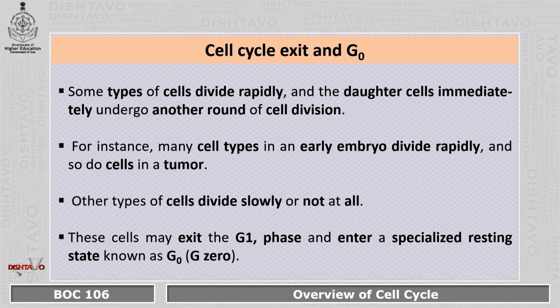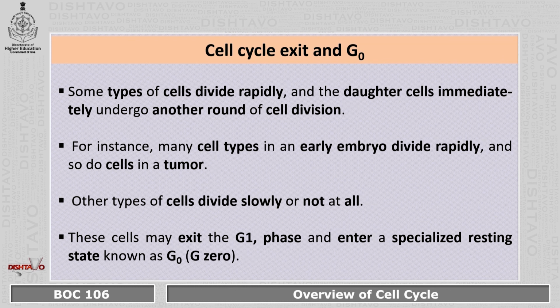Cell cycle exit and G0 phase. Some types of cells divide rapidly, and the daughter cells immediately undergo another round of cell division. For instance, many cell types in an early embryo divide rapidly, and so do cells in a tumor.